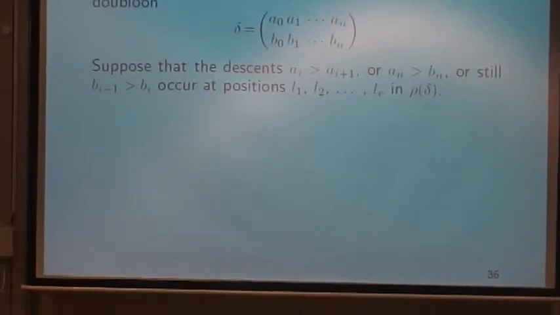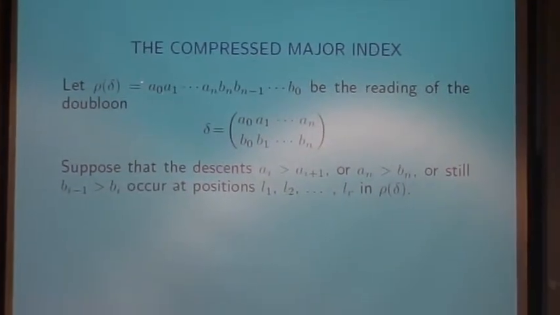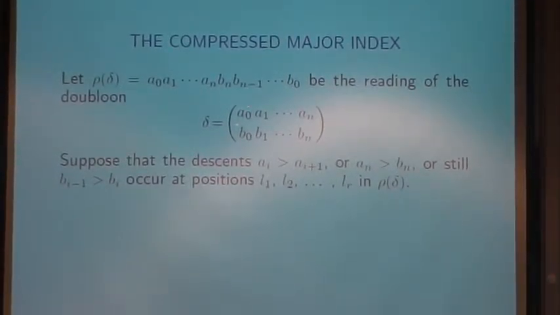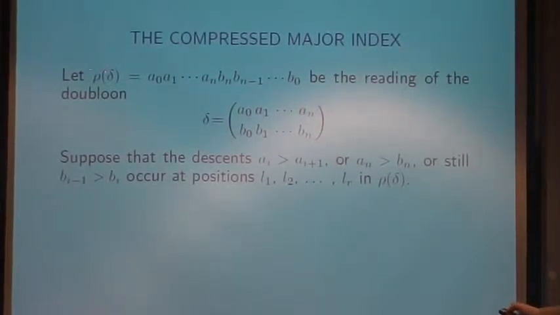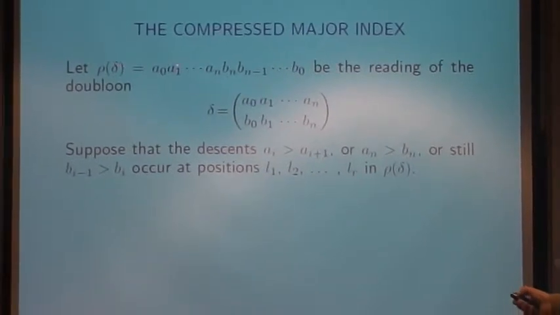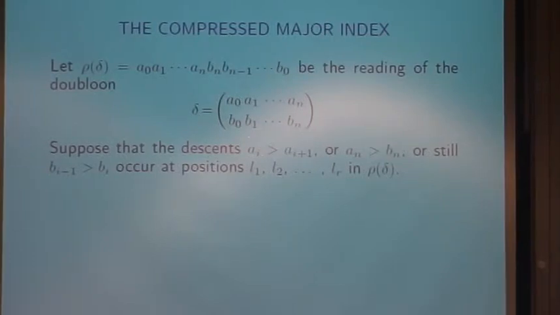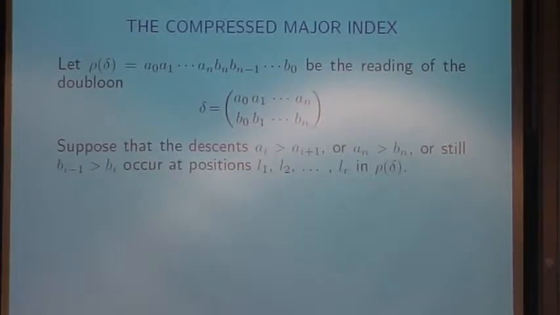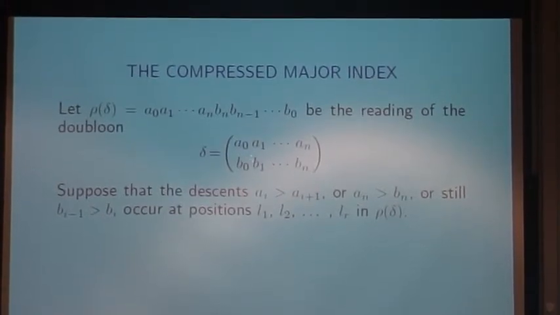Remember that we have this permutation, you fold it like this, and you have this reading. And now we are going to study the descents of the permutation, actually of that row of delta. Let's suppose a descent occurs at a_i greater than a_(i+1), or it may also occur at a_n greater than b_n, or at b_(i-1) greater than b_i.